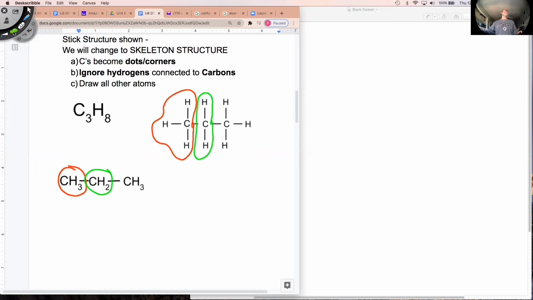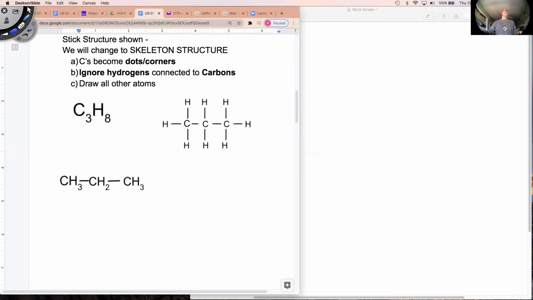And lastly, that last CH3 right here is bonded right here. So this is just another way to write it, but we can see that those 3 carbons are bonded together. So we could either write it as a formula, C3H8. We could write it as a stick structure. We could write it as this formula style, okay?